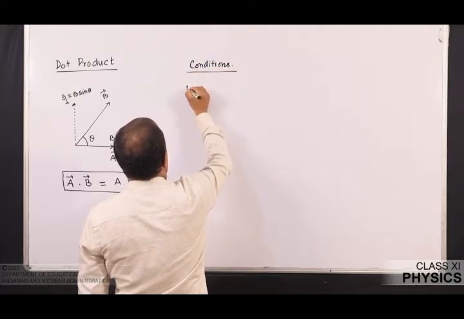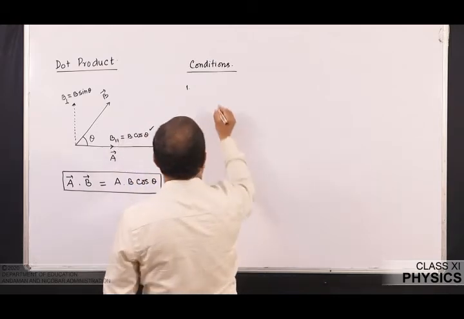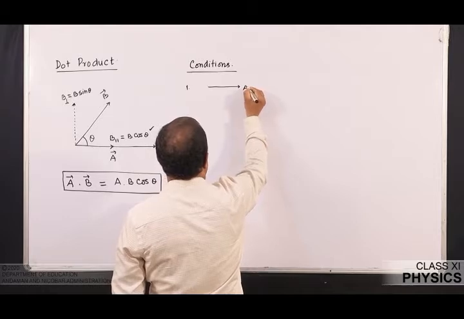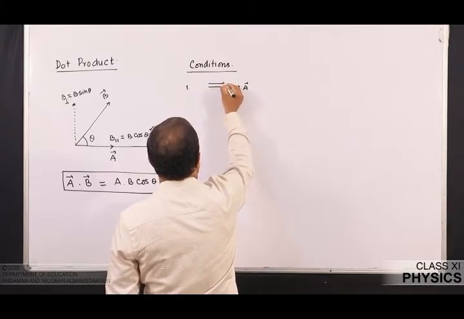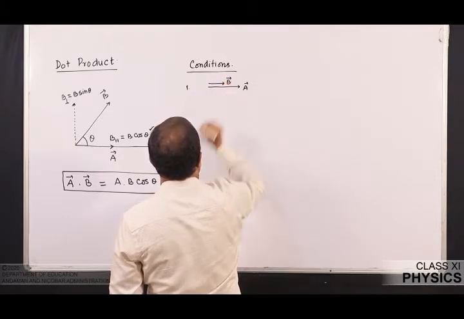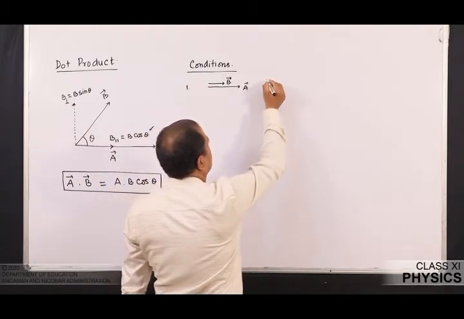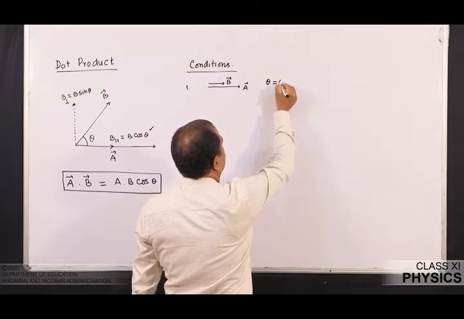The first condition: if I have two vectors, say this is vector A and this is the second vector B, then these two vectors are parallel vectors. In that case, theta between them is equal to 0.